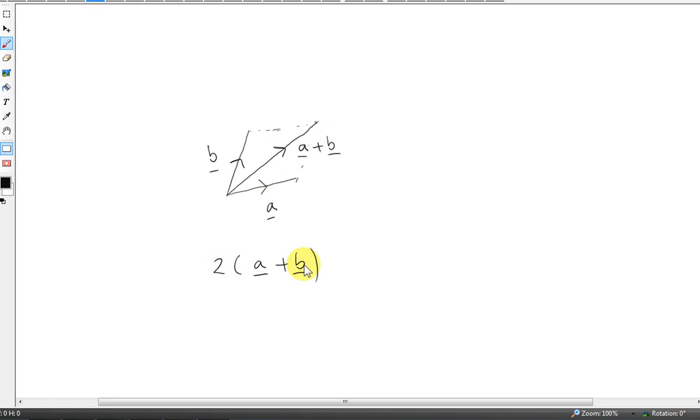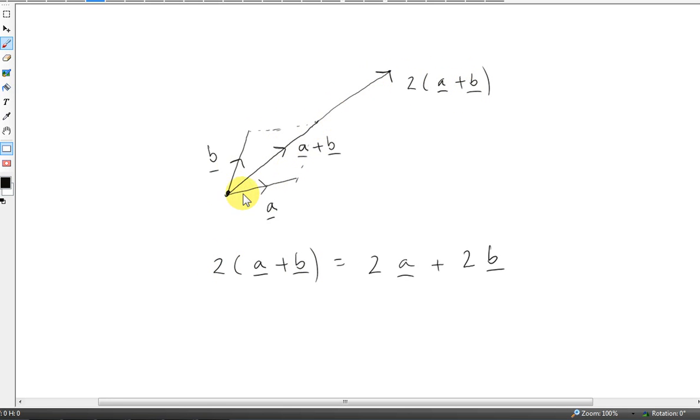Suppose we multiply 2 by a plus b, so k is equal to 2 in this example. Well, we just double the magnitude of this vector. So we get a vector pointing in the same direction but twice as long as this vector here. So I'll put the arrow up here, so the tail of it is here. So this vector is twice vector a plus b.